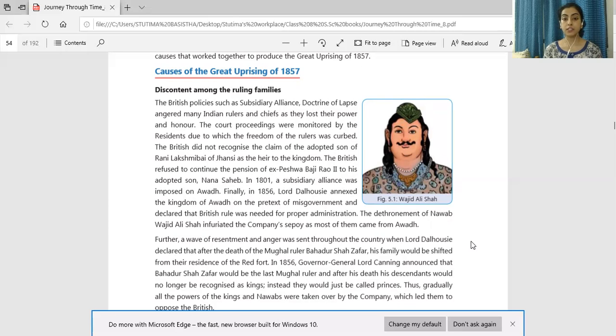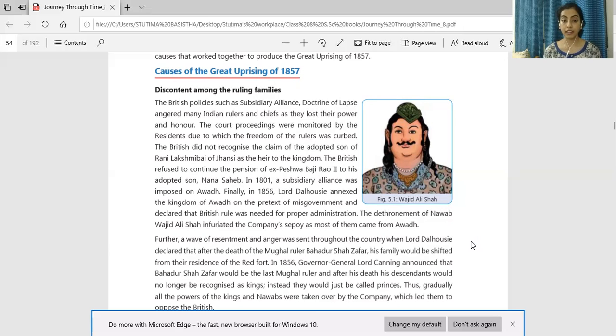And also in 1801, a subsidiary alliance was imposed on Awadh. Then Lord Dalhousie annexed the entire kingdom of Awadh, saying that the ruler of Awadh was not able to rule the kingdom, that there was misgovernance.